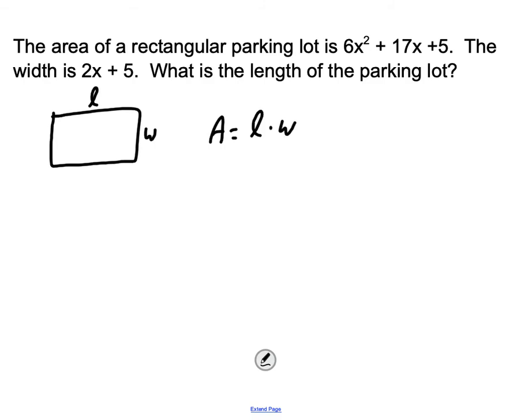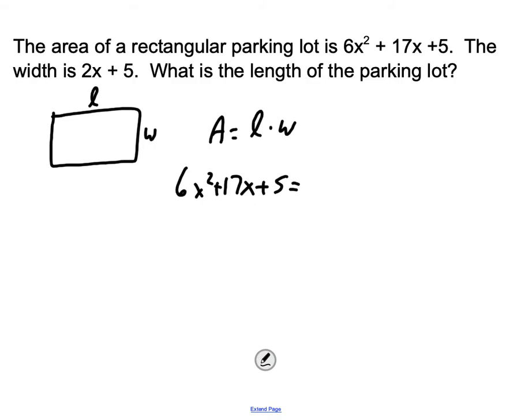So our area there told us it was 6x squared plus 17x plus 5. We're told that the width there is 2x plus 5, and we don't know the length there.